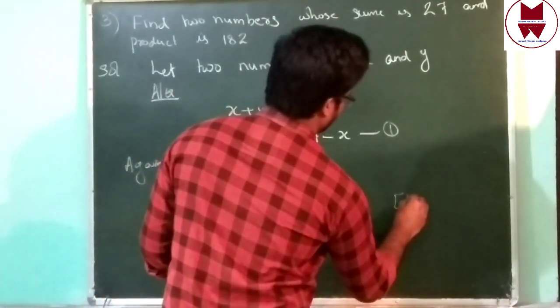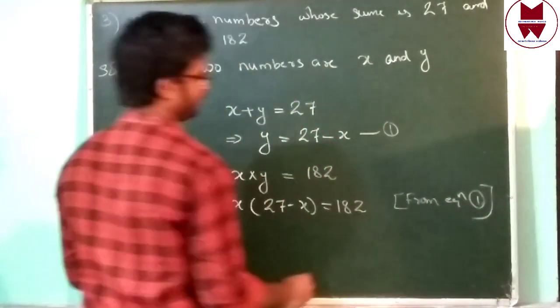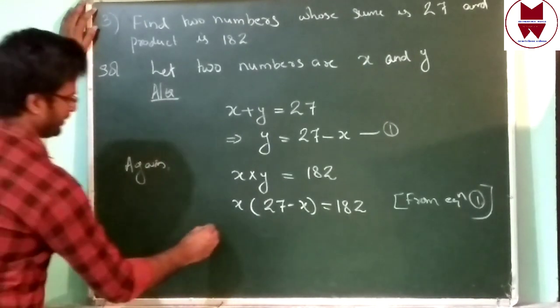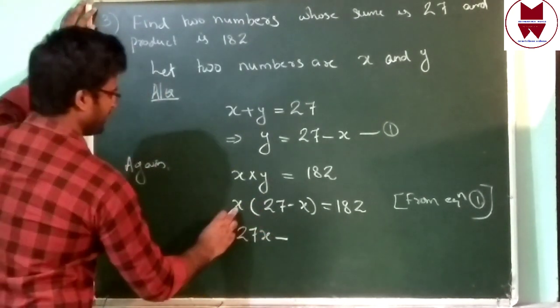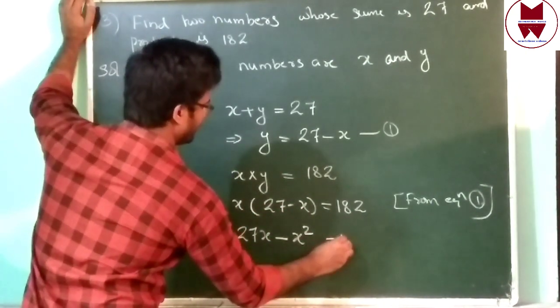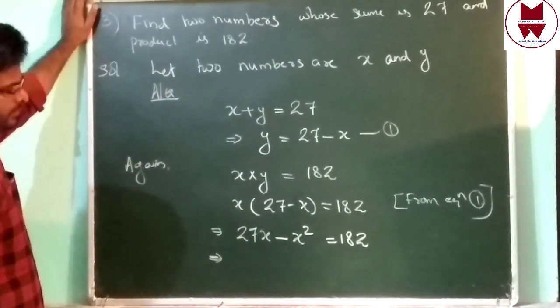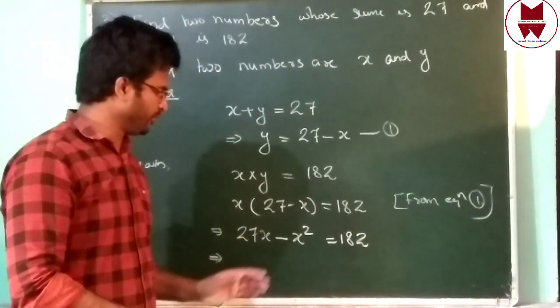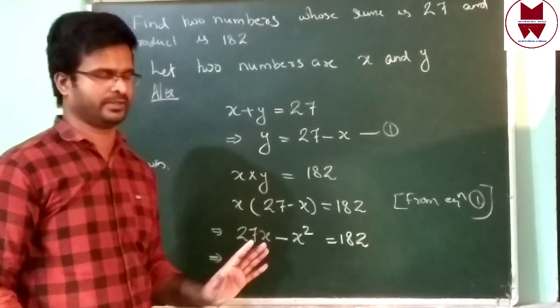That is x into bracket from equation number 1. Remove bracket, x into 27, 27x minus x into x, x square equal to 182. Then after, we have to solve this quadratic equation. Always we need one side 0, isn't it?